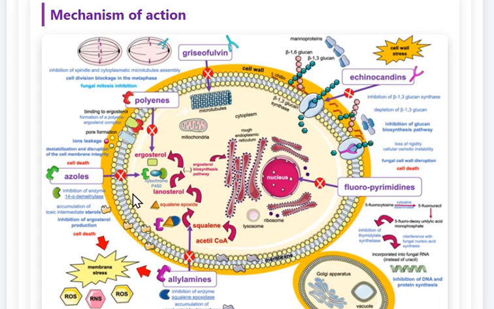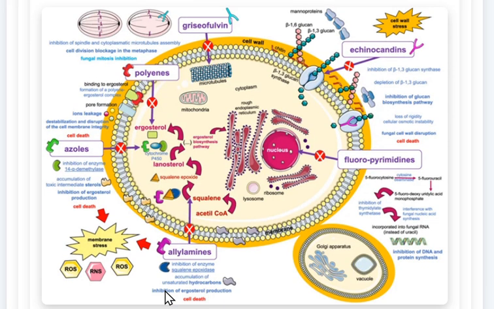This is why azoles are mainly fungistatic drugs. Now, look slightly above. Terbinafine acts even earlier in the ergosterol synthesis pathway. It inhibits squalene epoxidase. As a result, ergosterol decreases, while toxic squalene accumulates. The fungal membrane becomes defective. Eventually, the fungal cell dies. This makes terbinafine very effective against dermatophytes.